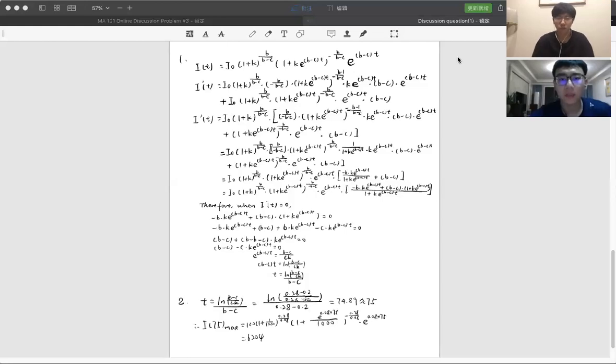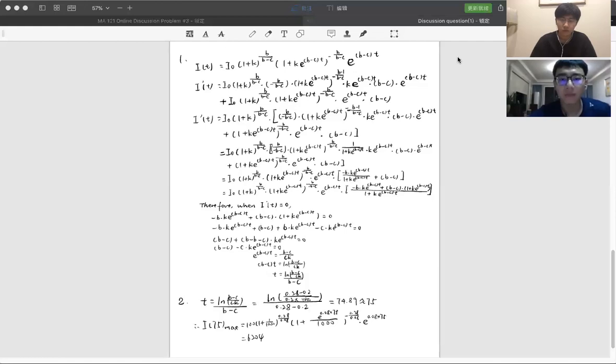First we differentiate (1 plus k times e to the power of (b minus c) times t) to the power of minus b divided by (b minus c). So we differentiate it first, and e to the power of (b minus c) times t doesn't change when we are differentiating the first part.